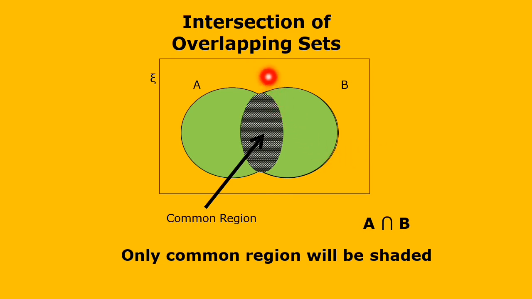And when we have to take the intersection of overlapping sets, then the common region, or you can say only the overlapping area will be shaded.